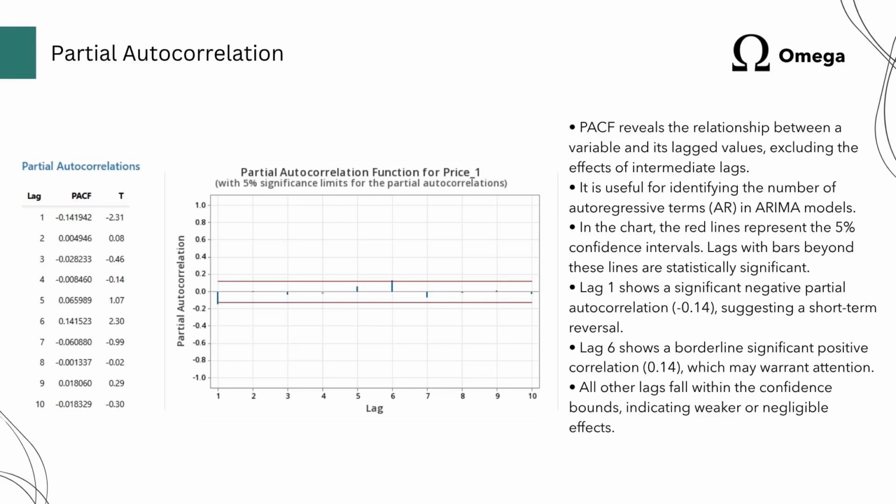For example, if you want to know if today's temperature depends directly on the temperature 3 days ago, but not just because yesterday and 2 days ago were similar, use PACF. In short, PACF shows the pure relationship between a value and its lag, ignoring effects from the ones in between.